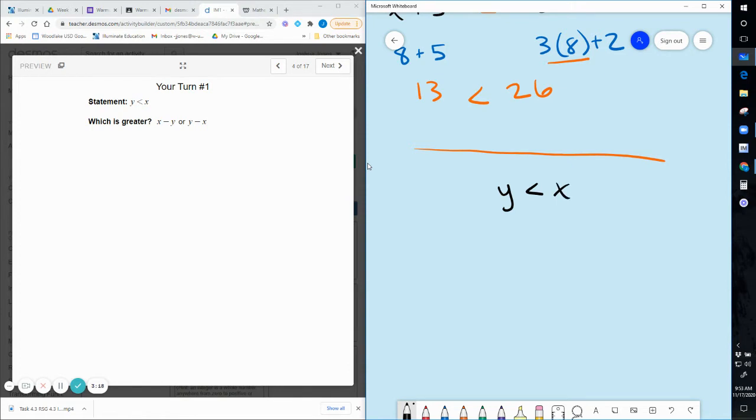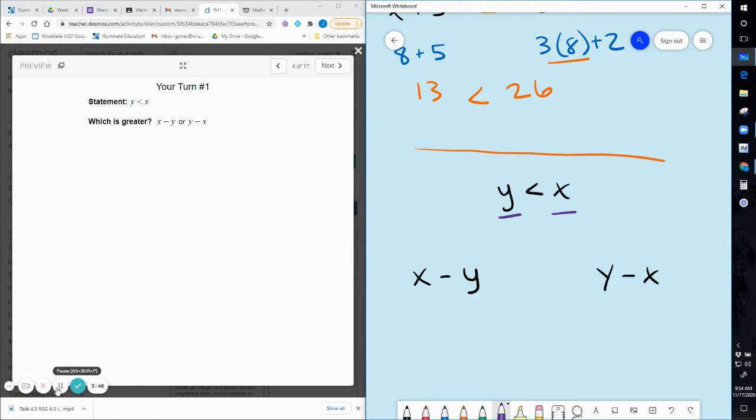The way you're going to test whether x minus y is greater or y minus x is greater is by picking your own numbers. Pick any two numbers where y is less than x. And I'm going to urge you today to pick positive numbers and negative numbers and see if it makes a difference.